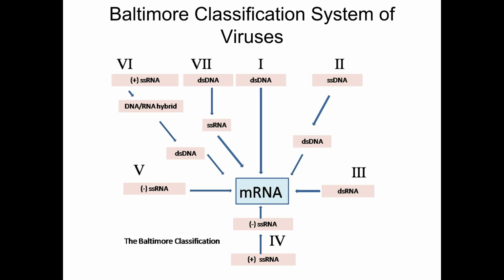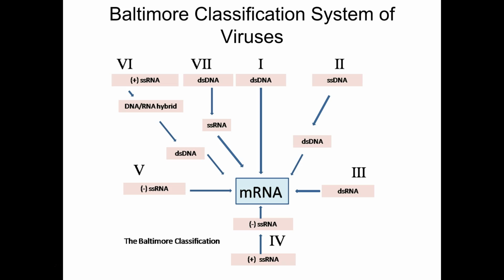Here's another way of illustrating these groups. You don't have to memorize this. It's just to help folks understand what's going on with those groups. An important question to ask yourself when you go through the chapters in a virology class is, with each group, how do you get to mRNA? For instance, we saw group 1, double-stranded DNA viruses. They have genes.